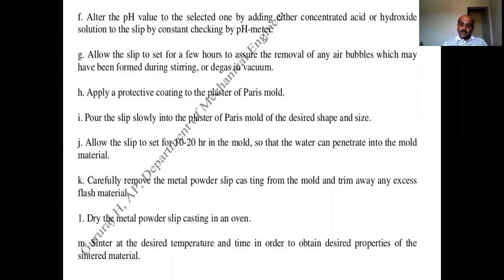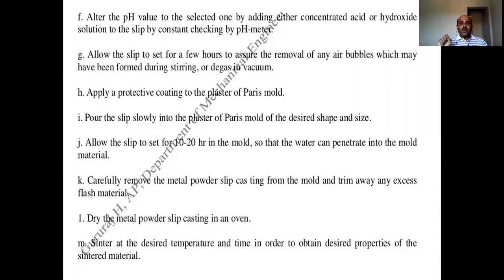So the pH value can be altered to the one selected for the powder by just adding the concentrated acid or hydroxide solution to the slip. And we have to check with the pH meter so that it retains the constant value.